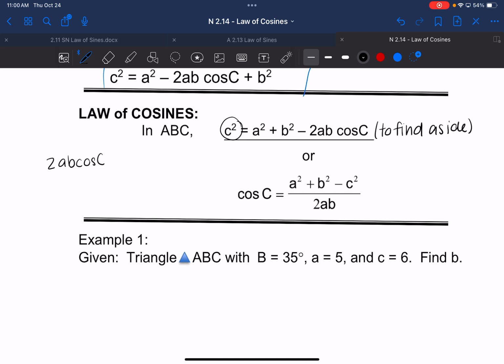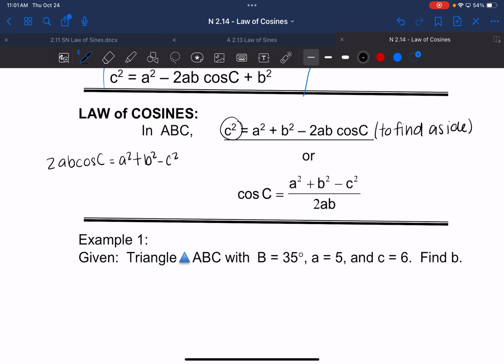And then they moved the c squared to the other side of the equal sign. How would you move c squared? Subtract it. So I'd still have my a squared, b squared left over here, but to move the c squared over, you subtract it. So I've added this piece to this side and subtracted this piece from that side.